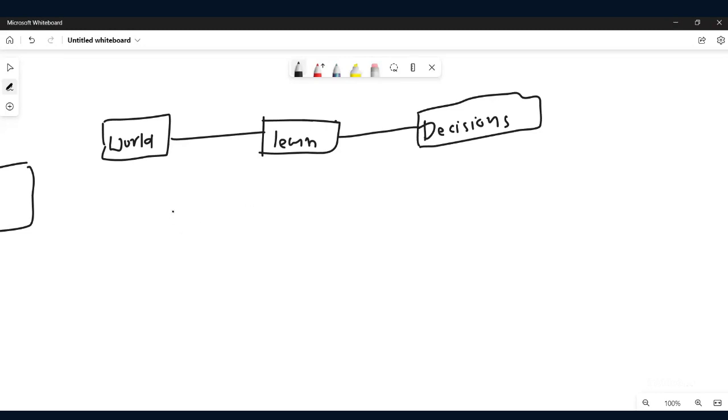So let's take another example of this learning process. Let's say this is your home, and you are going to your office. This is your office building. Now there are two routes from your home to your office.